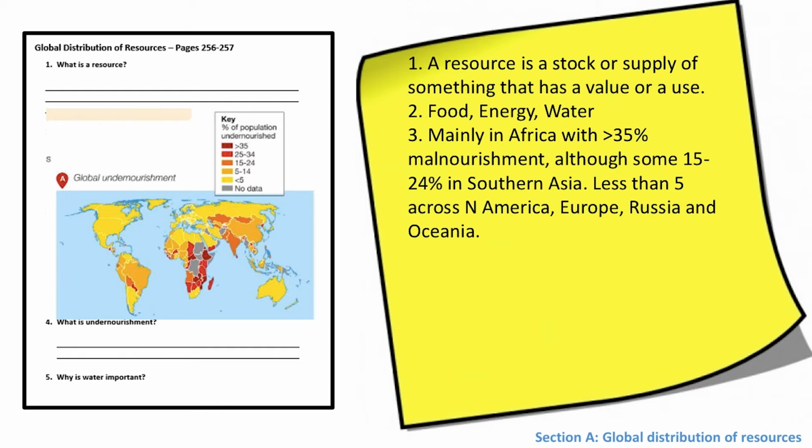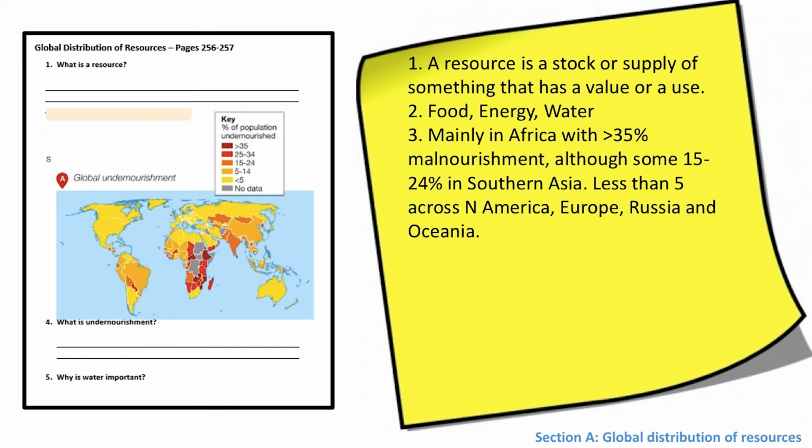Global undernourishment mainly occurs in Africa, and if you look at the continent of Africa in the middle there, you will see it is largely coloured in red or sort of a dark deep burgundy red colour, and it shows that Africa largely suffers from undernourishment, not having enough calories to fulfill their daily tasks.